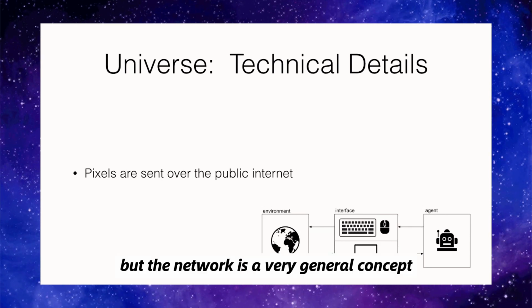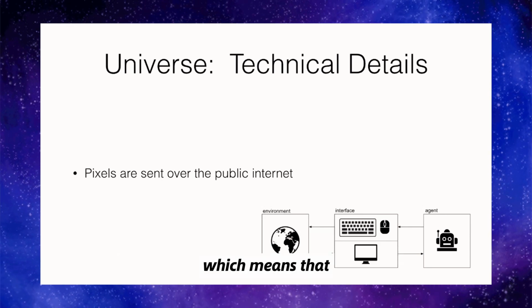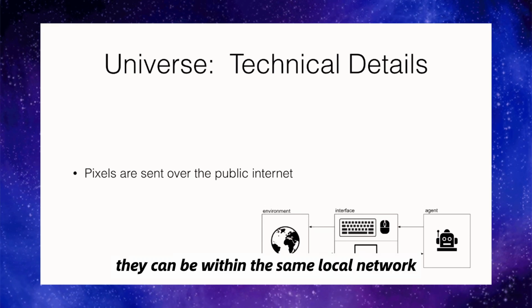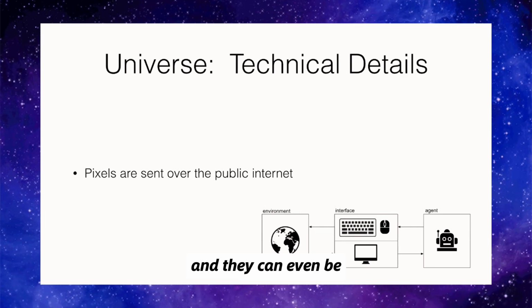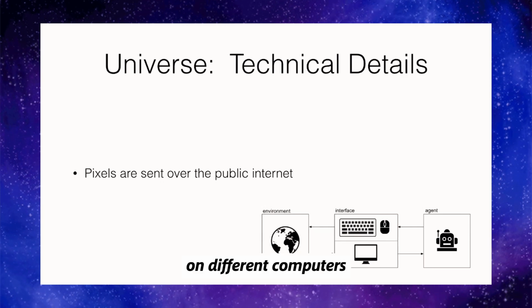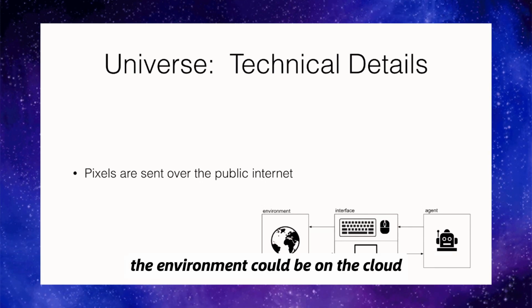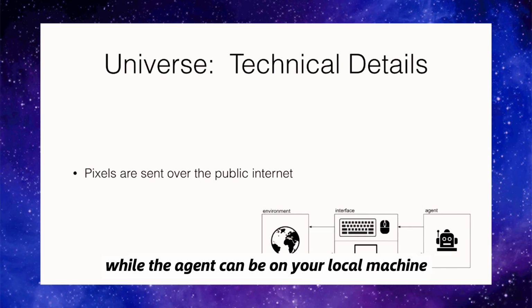But the network is a very general concept, which means that the environment and the agent can be on the same machine, they can be within the same local network, and they can even be on different computers that communicate over the internet. For example, the environment can be on the cloud, while the agent can be on your local machine.